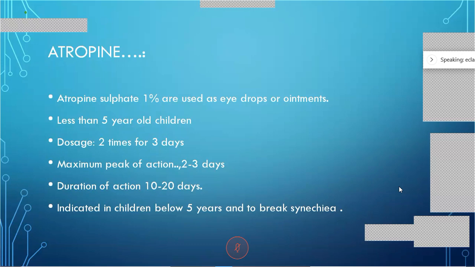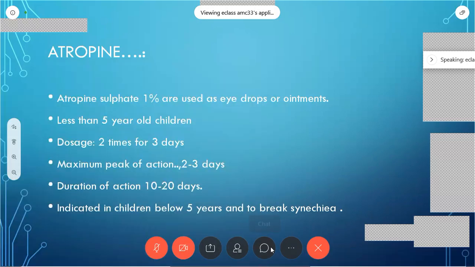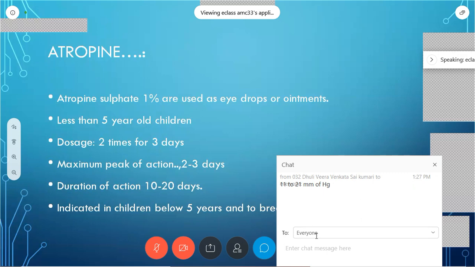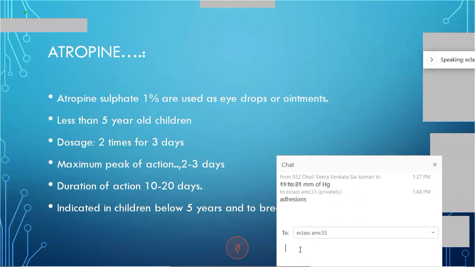That means where do we get synechia? Anybody? What is synechia? Nobody? What is synechia? In case of any iridocyclitis, we'll get synechia, chronic iridocyclitis.